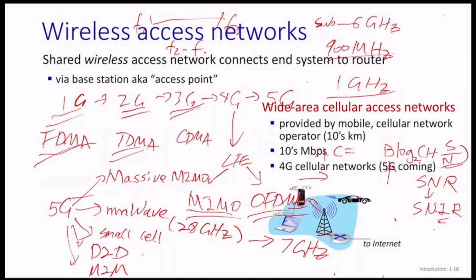M2M means machine to machine. 5G also wants to support IoT, Internet of Things devices, to provide internet service for billions of internet-based devices. This is, we can say, the 5G techniques.